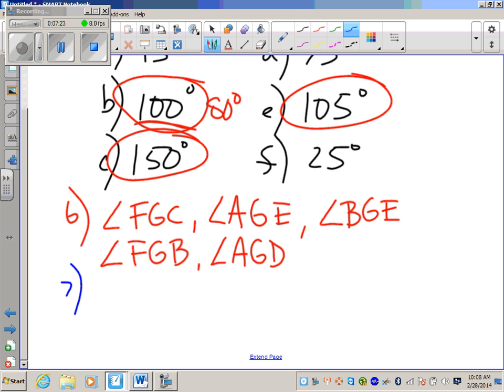So again, I've got all these other measurements up here that will also qualify as acute angles. So let me write down the acute angles for number 7.